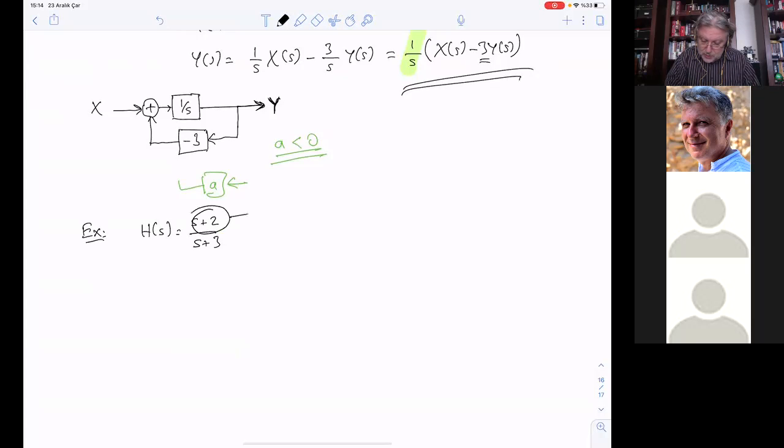So we don't really care about the numerator. We just say that the numerator has nothing to do with the integrators of the denominator part, and we simply say it is S plus 2 times 1 over S plus 3.